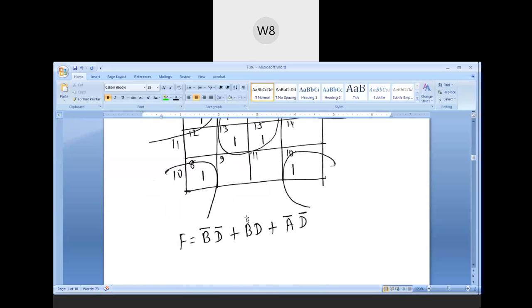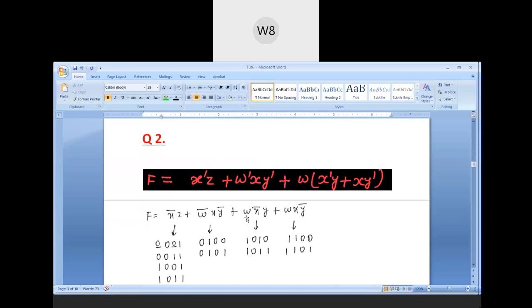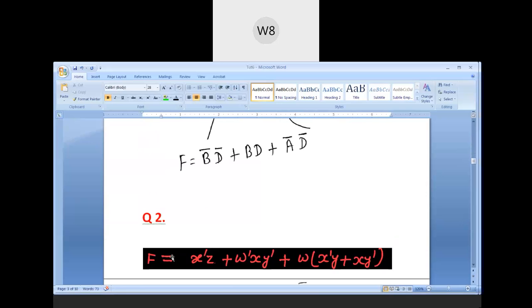However, in some scenarios, the function can be given in the form of the variables itself. For example, here, f is equal to x bar z, w bar x, y bar plus w into x bar y plus x y bar. Now, if we are asked to minimize or simplify this type of function, then we will have to introduce one more step which was not present in the previous example.